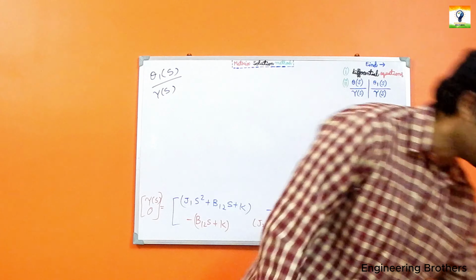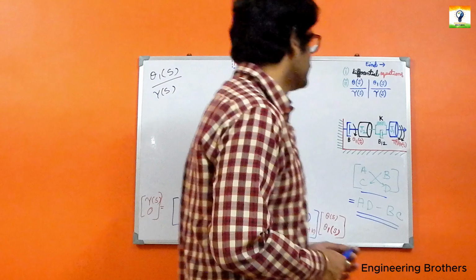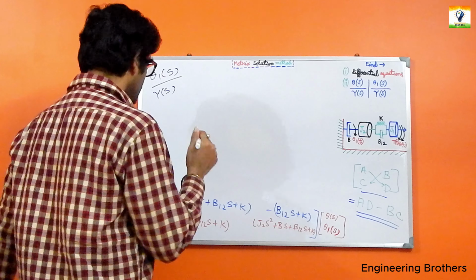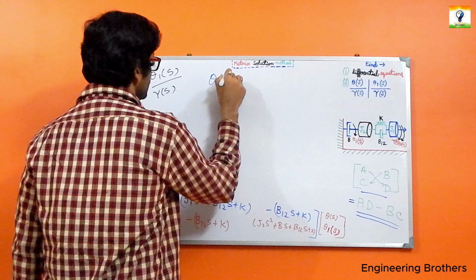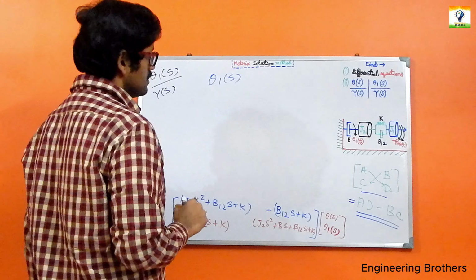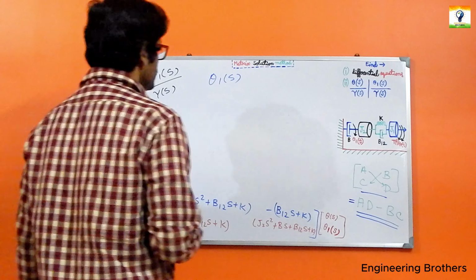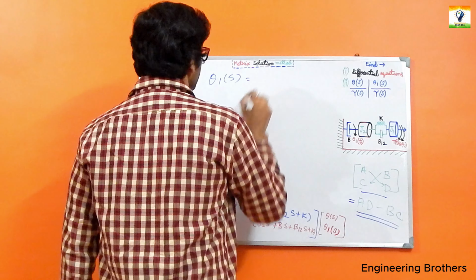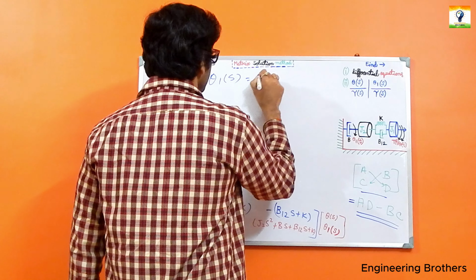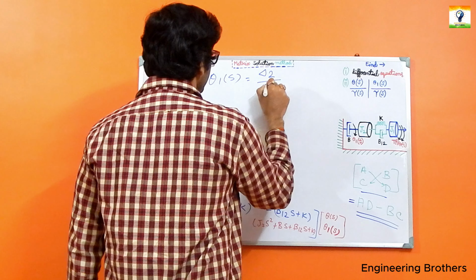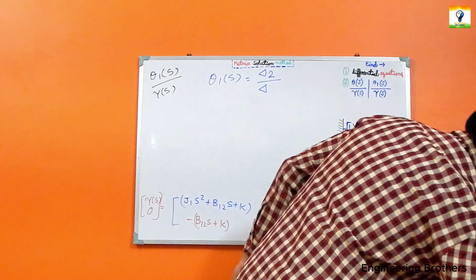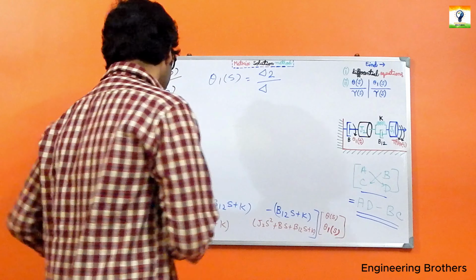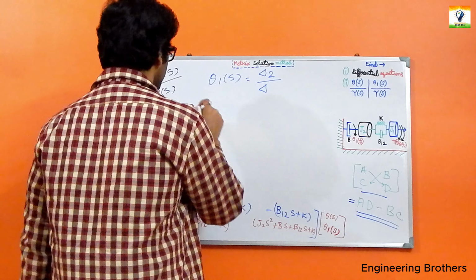To have that solution, we need to find the exact form of the ratio theta 1 s. The equation should be delta 2 by delta. And what is the value for our delta matrix over here?